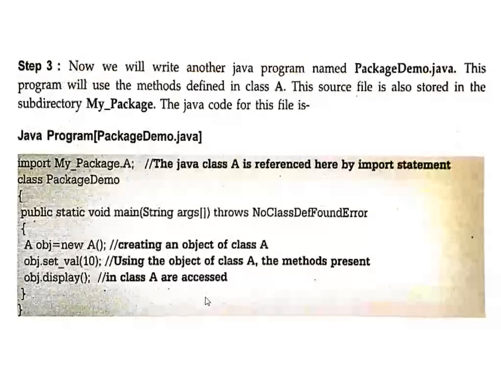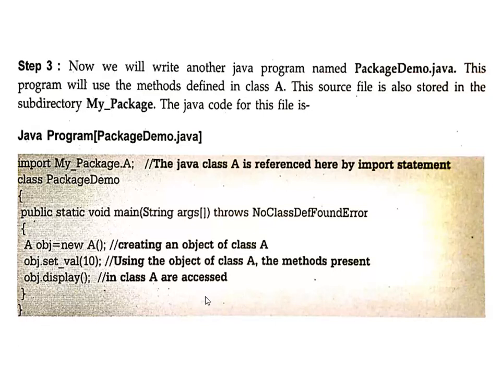Afterwards, step 3 will be, now we will write another Java program named package demo.java. This program will use the methods defined in class A. The source file is also stored in the subdirectory my package. And now we'll see the other Java program, that is package demo.